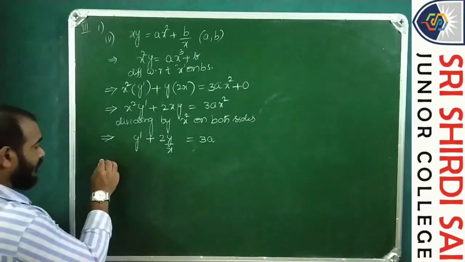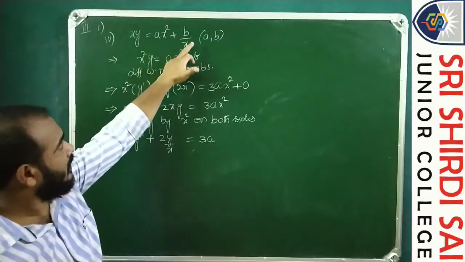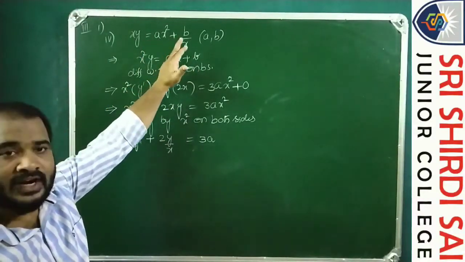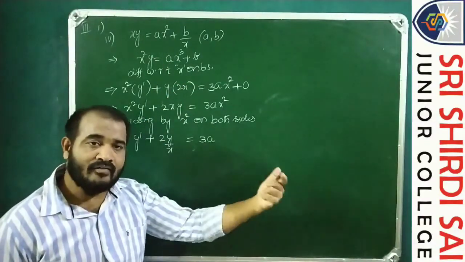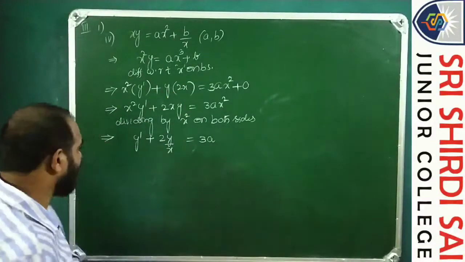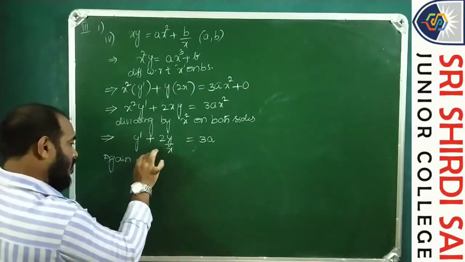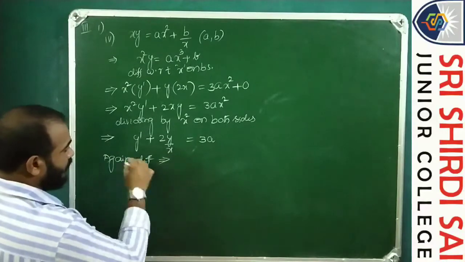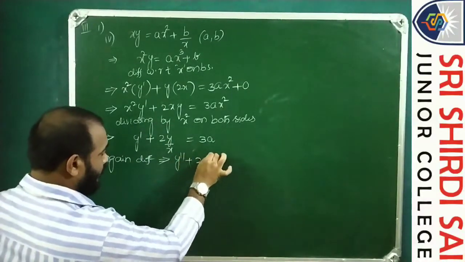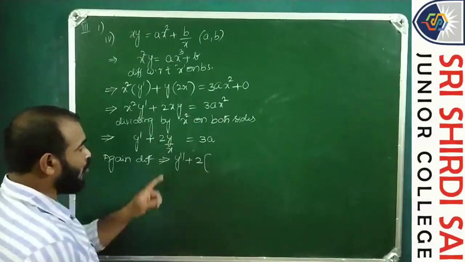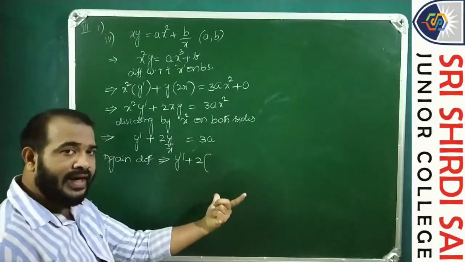So far we have differentiated once, but here the equation contains two arbitrary constants. Therefore, one more time we have to differentiate. Again differentiating, we get y dash derivative is y double dash plus 2 into, this is y by x, u by v, vu dash minus uv dash by v square.